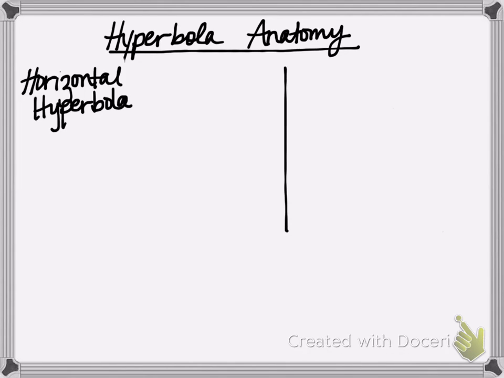It's important that we all speak the same language and have the same vocabulary with regard to the hyperbola's characteristics. So this first graph is an effort to all get on the same page about the anatomy.